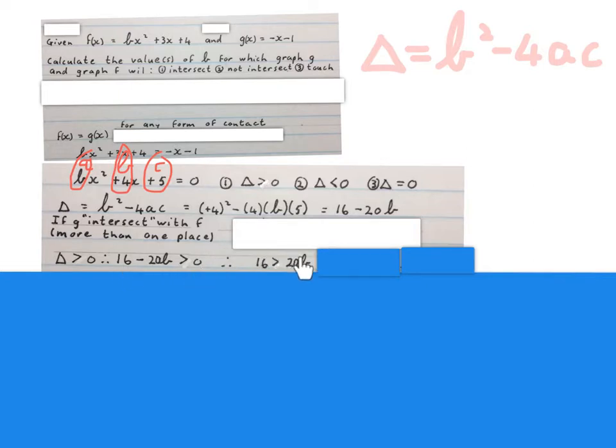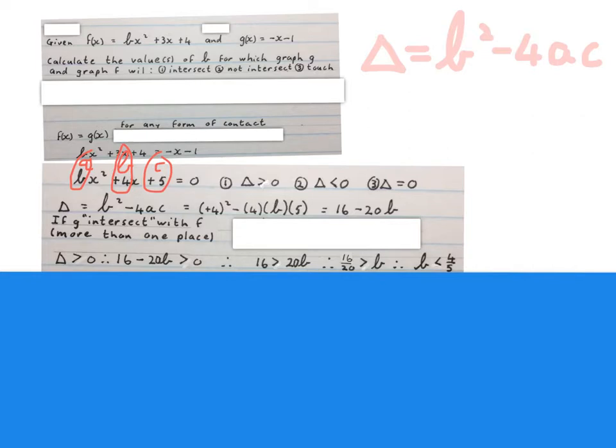Add 20b on both sides, divided by 20 on both sides. Then my simplified answer will be b smaller than 4/5 will give us an answer where g intersects with f. So the answer to this question is then b is smaller than 4/5. So if I write any number smaller than 4/5 in there and equate these two graphs, I'll get two possible values for x.